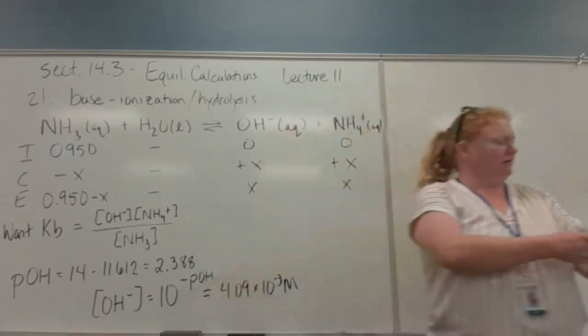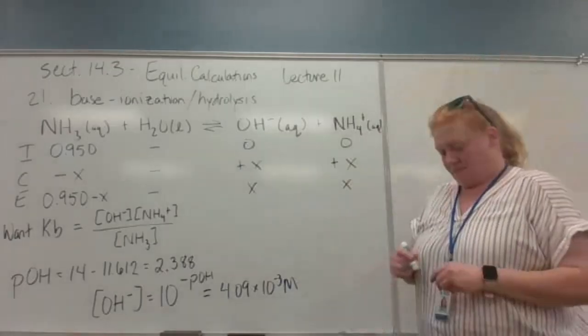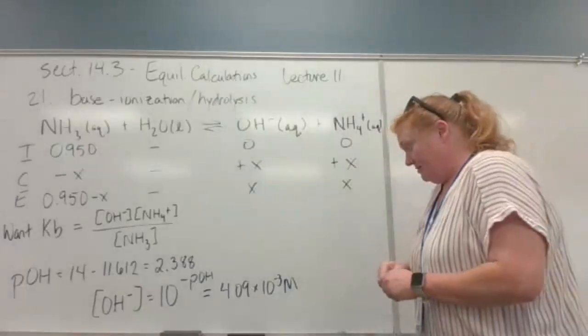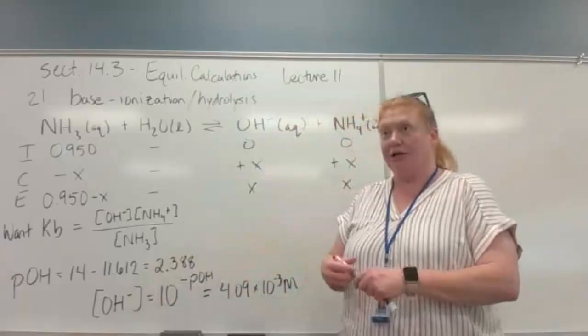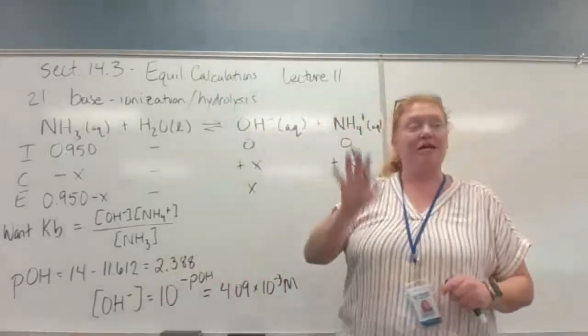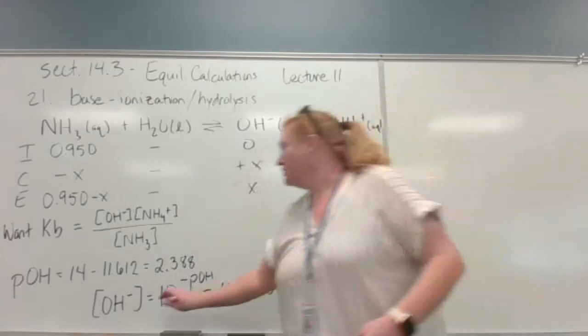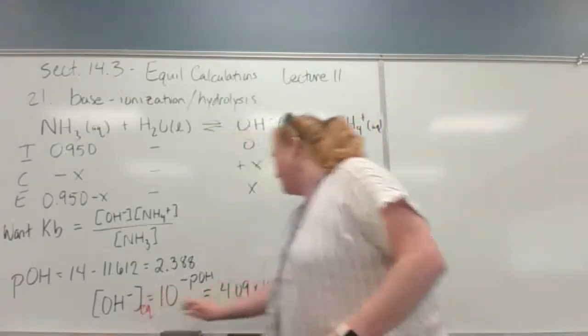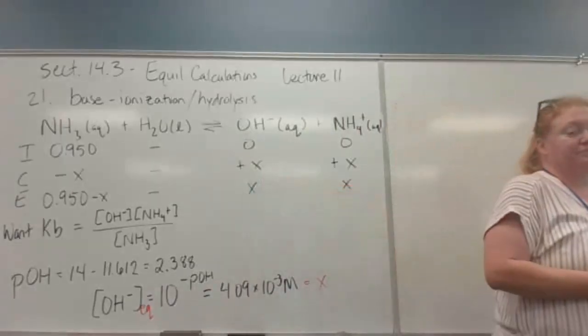Somebody want to double check my math there? That's right. This is the concentration of OH minus at equilibrium. pH and pOH are always based on concentrations at equilibrium, so this is x from my table.